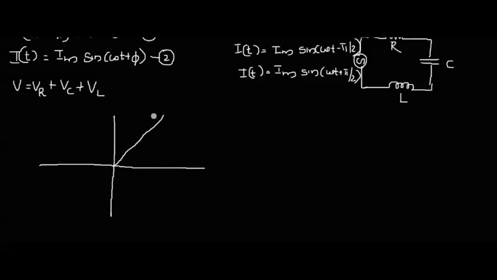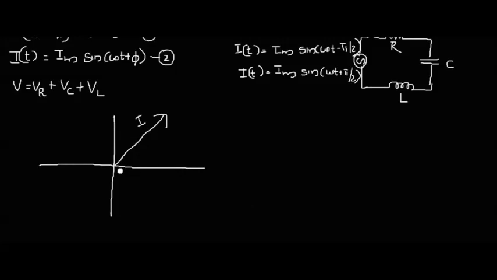Let this be the current phasor of a series LCR circuit. The length of this phasor represents the magnitude of the phasor, so I am saying that this current phasor has a magnitude of Im.